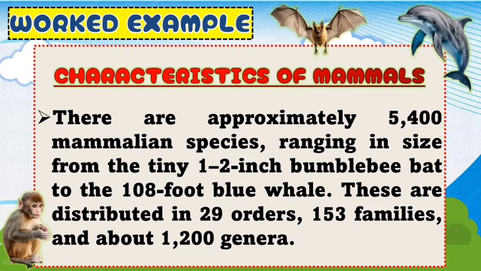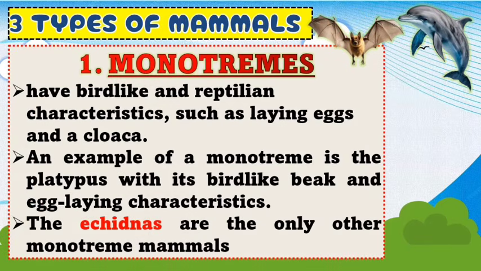So there are 3 types of mammals. The first one is monotremes, which have bird-like and reptilian characteristics such as laying eggs and a cloaca. An example of a monotreme is the platypus with its bird-like beak and egg-laying characteristics.